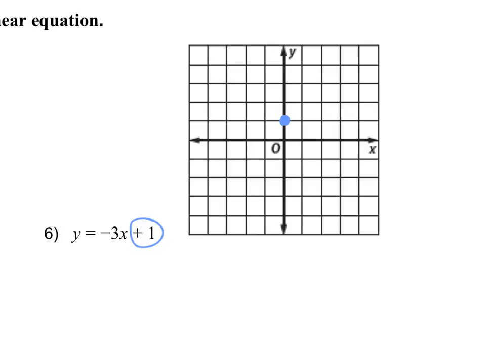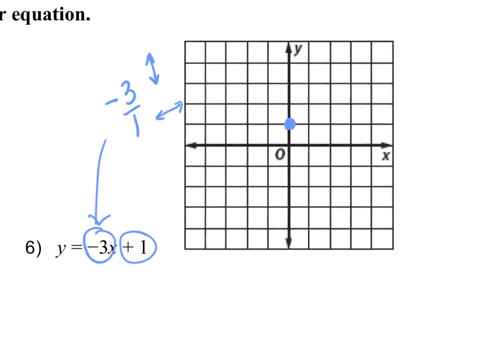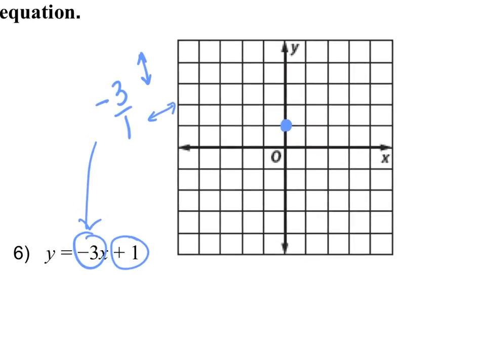Okay, now my slope. What's my slope? Negative 3, and I want to make it a fraction so I can actually plot these points, so I'm going to put negative 3 over 1. That's going to be my vertical change, and that's going to be my horizontal change. From my starting point, my y-intercept, since it says negative, I'm going to go down 3: 1, 2, 3.